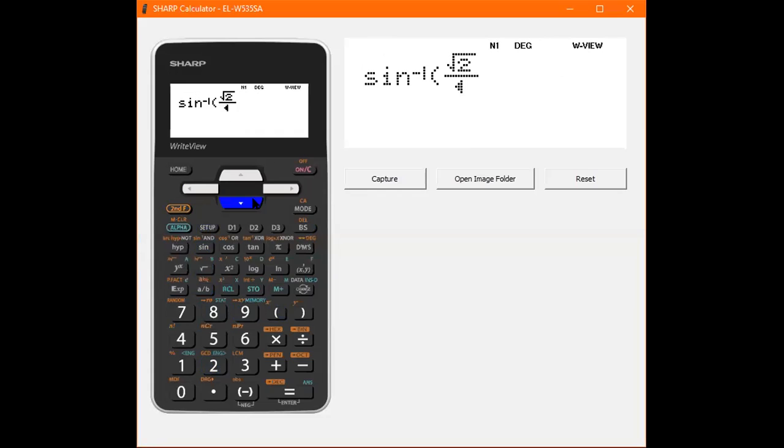Root 2, and press down over 2. You can either close your brackets or leave them as is. Either way it'll work. The only time you would need to close your brackets is if you're going to complete this with something else next to your arcsine. So there is your angle, 45 degrees.